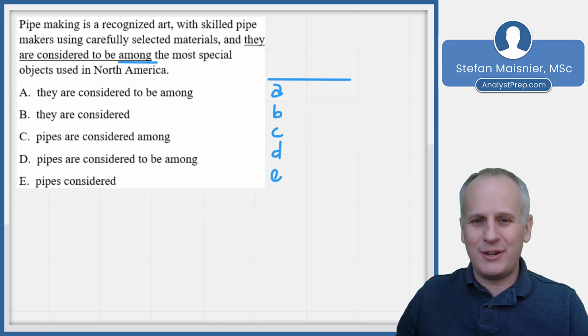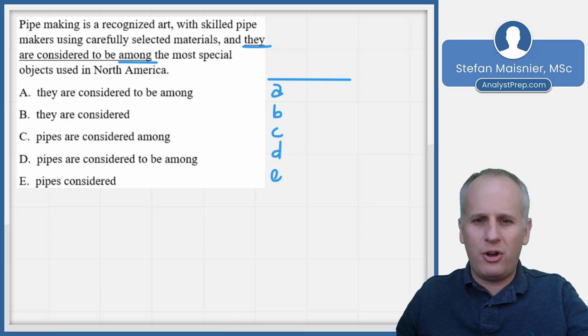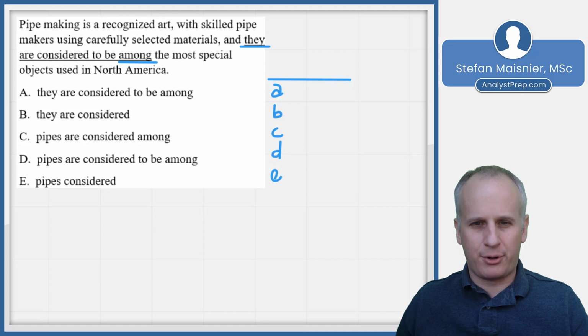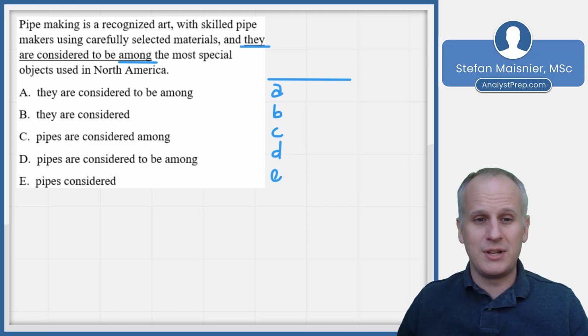Because if we look at the beginning of this underline, we see a they. And we know that for all pronouns, we have to go find the clear, unambiguous reference. So they is a plural third person pronoun. So we need to find a plural subject for this they, which are considered among the most special objects used in North America.